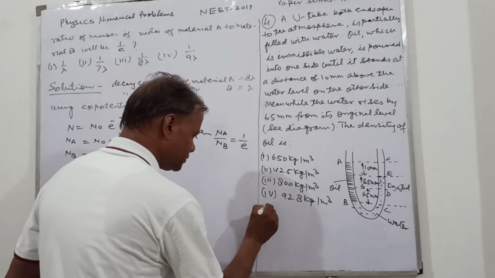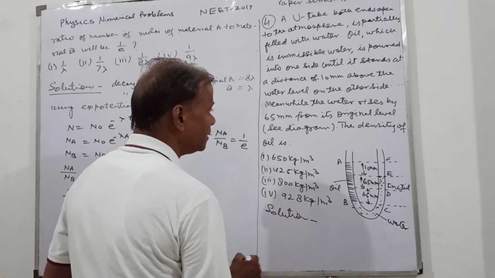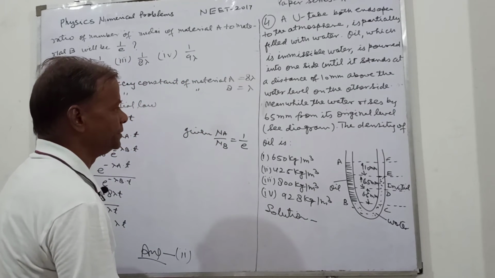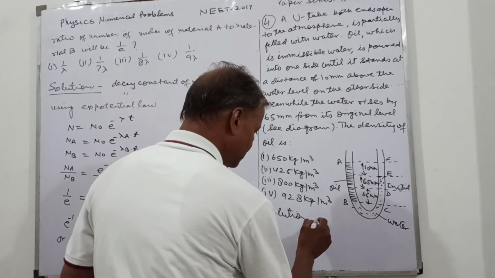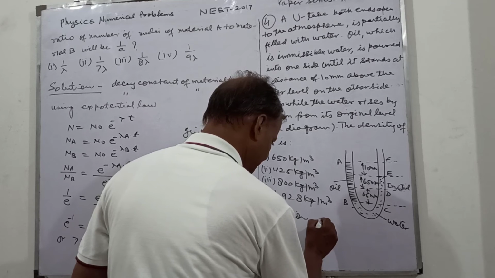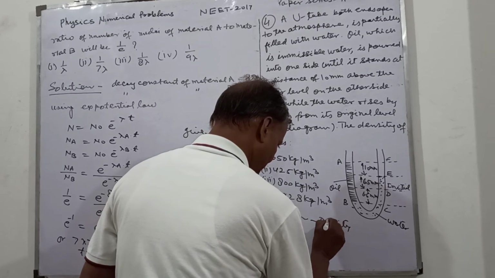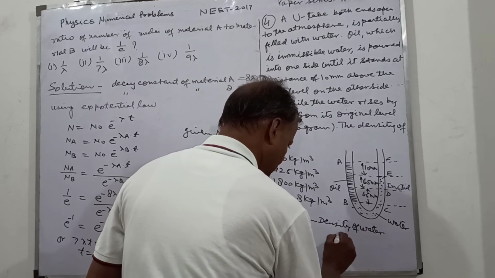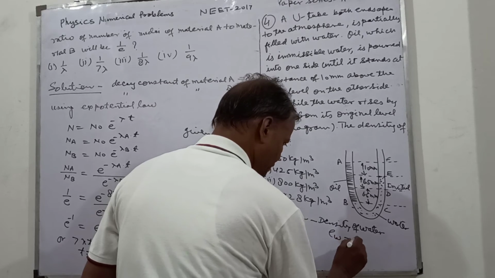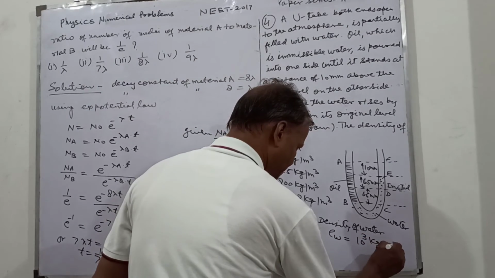So now the solution is: we know the density of water. It means rho W is equal to 10 raised to the power 3 kilogram per meter cube.